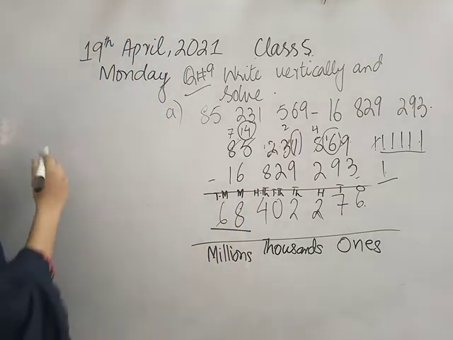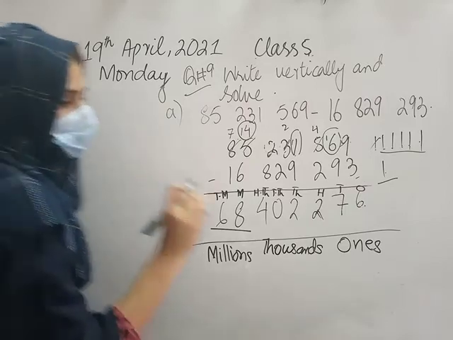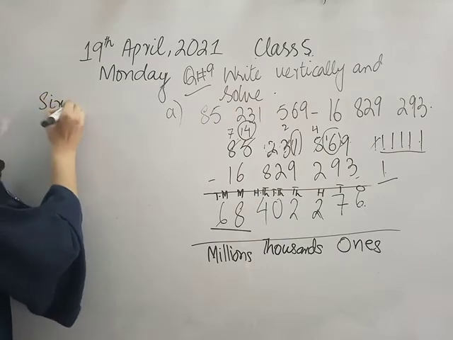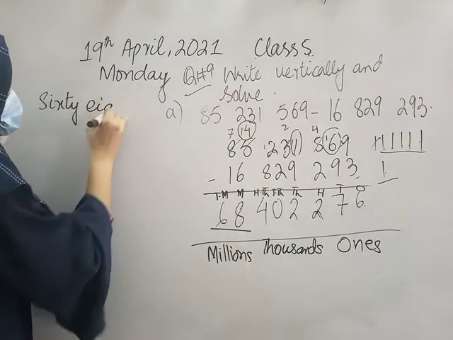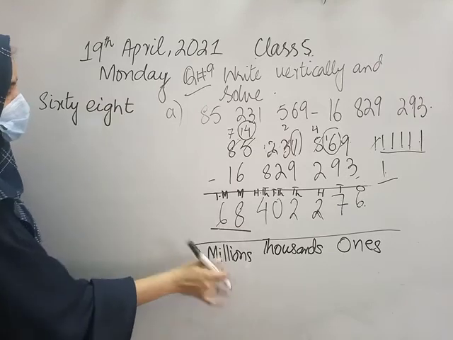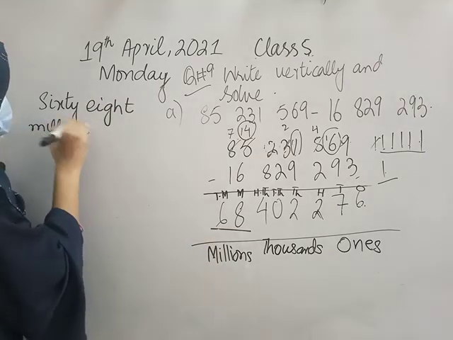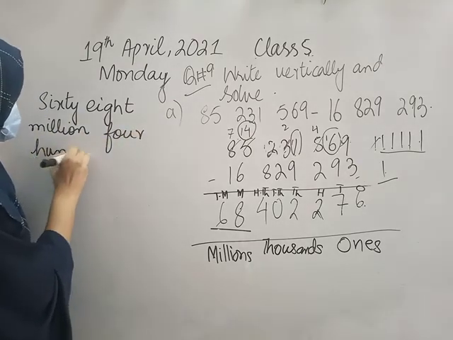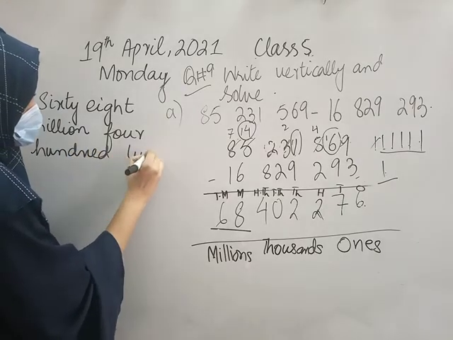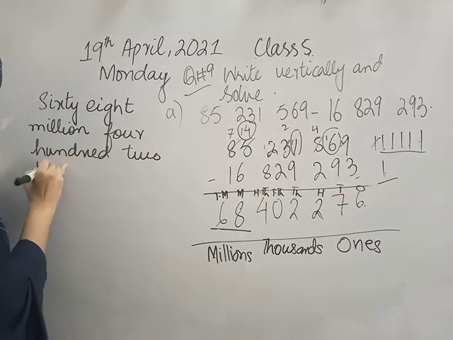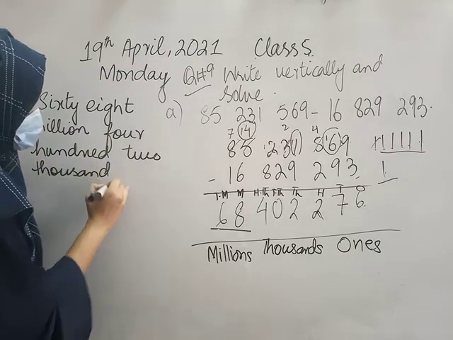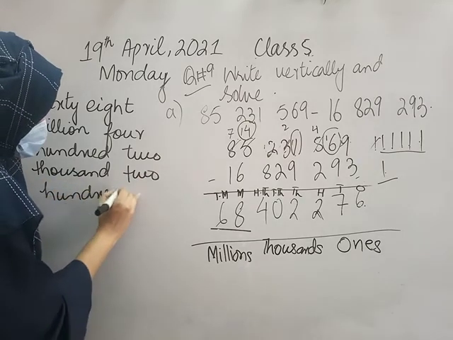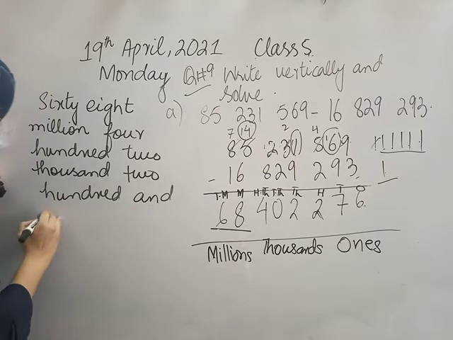Now I am going to write 68 is at million place. 68 million 400 2,000 276.